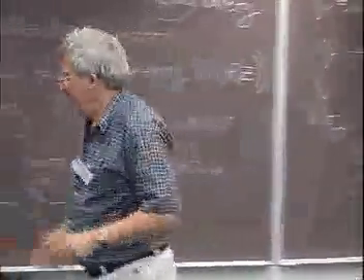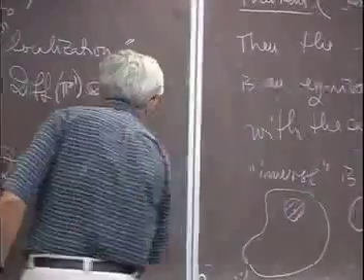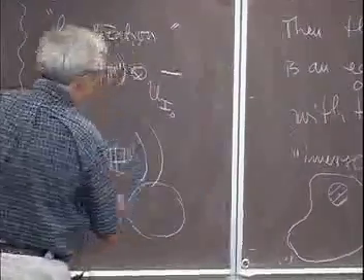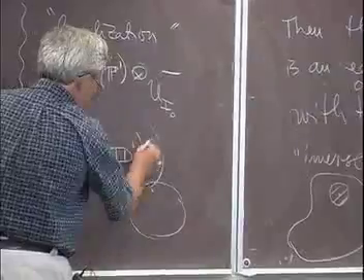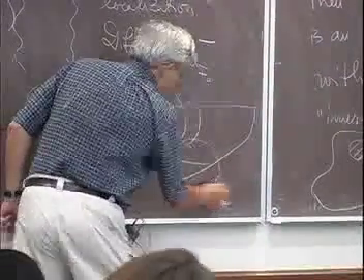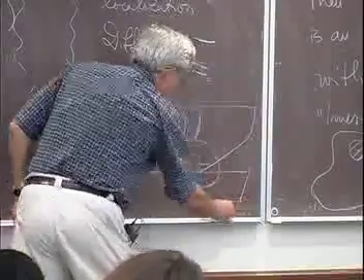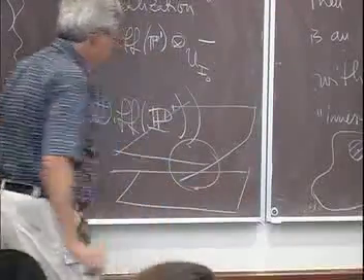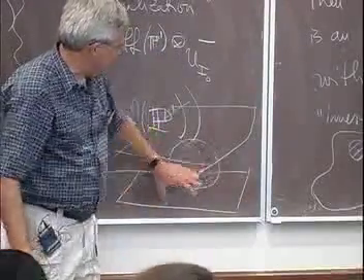In P1, this is not so bad because, using the picture Bill was showing, I have these two copies of C, which are tangent planes to the Riemann sphere.